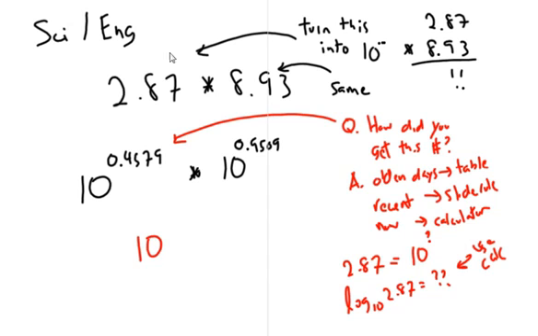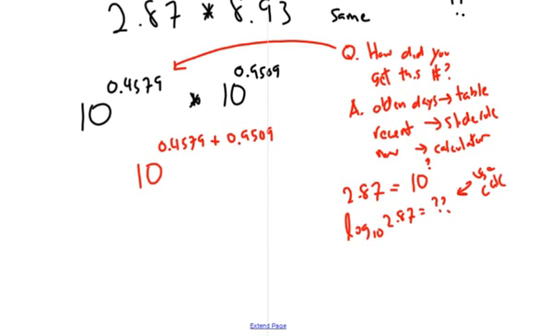So I've turned this multiplication of this number times this number into multiplication of this number times this number, since those are equal. And we know via our properties of exponents that when you have two numbers multiplied together and they both have the same base, then you can just add those exponents. So 0.4579 plus 0.9509. See, we've turned that annoying multiplication into just an addition problem, plus a little lookup at the beginning.